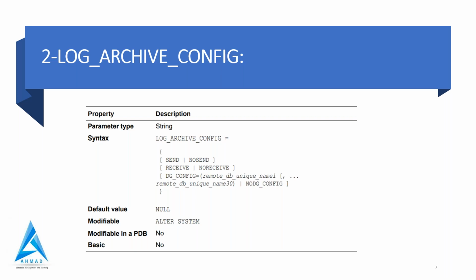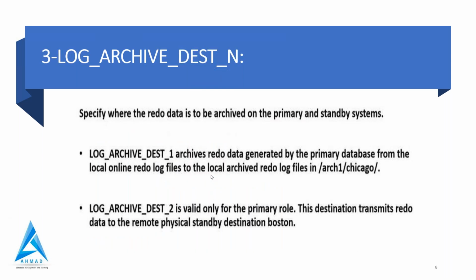It is modifiable by ALTER SYSTEM, and in a PDB it is not modifiable. One important thing: from V$DATAGUARD_CONFIG, the view, you can see the unique database names which you define with the DB_UNIQUE_NAME and LOG_ARCHIVE_CONFIG initialization parameters.